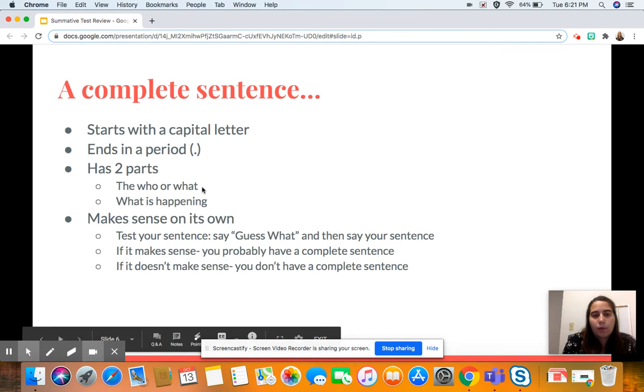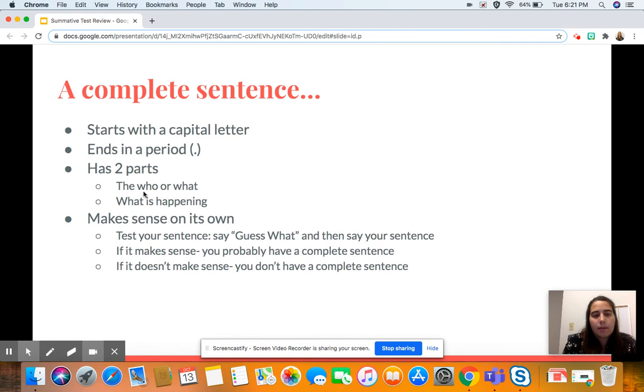Maybe you don't have the who or the what, or you don't have the what's happening. With chocolate chip cookie, we have what we're talking about, but we don't know what's happening. Did you eat a chocolate chip cookie? Is a chocolate chip cookie delicious? What's going on here? See how if we need more details, then we are missing one of these parts, and that's why it doesn't make sense.